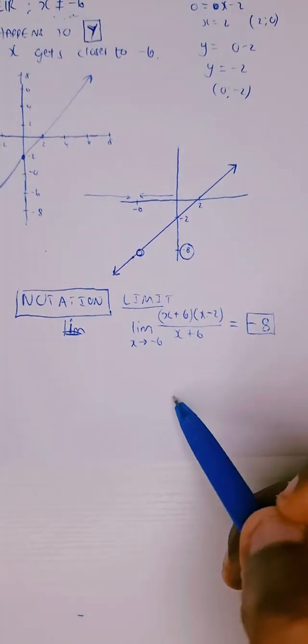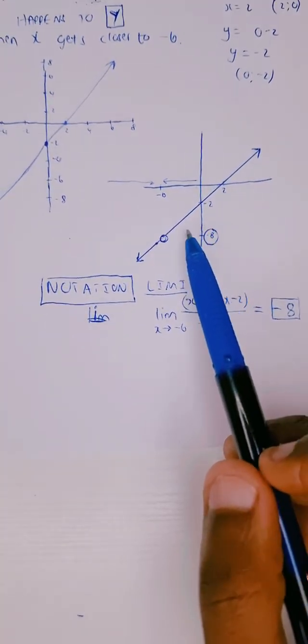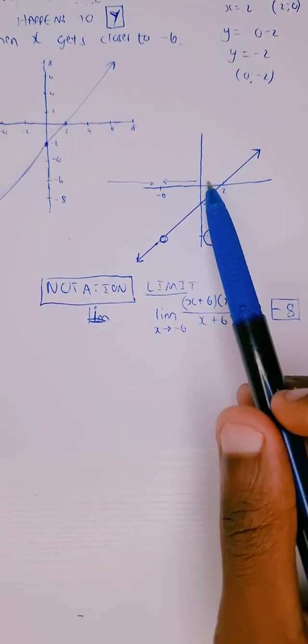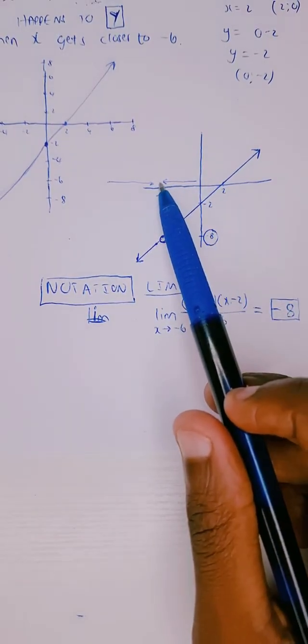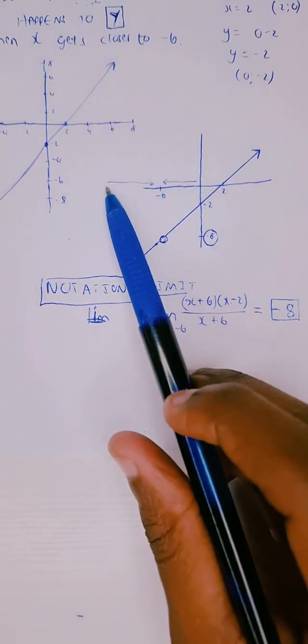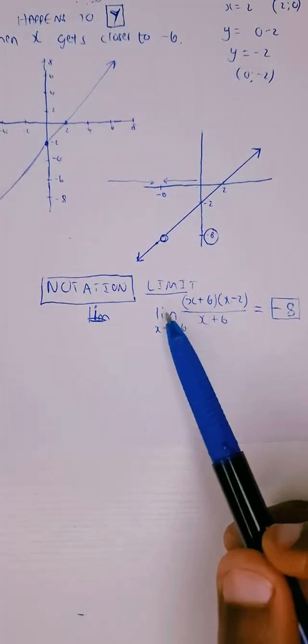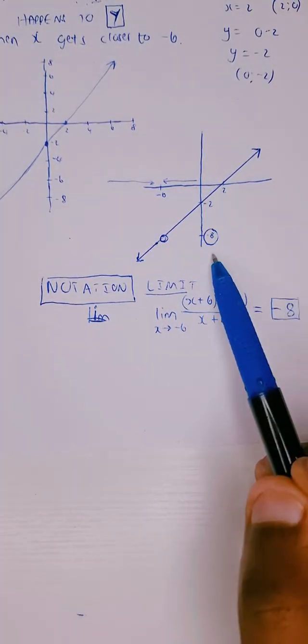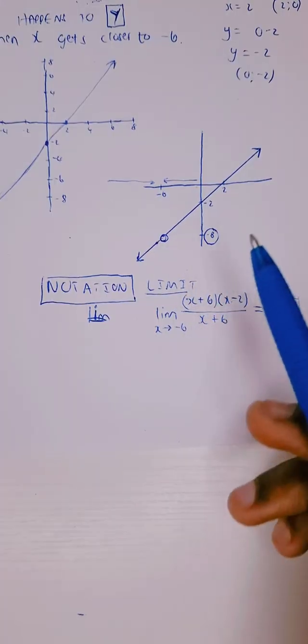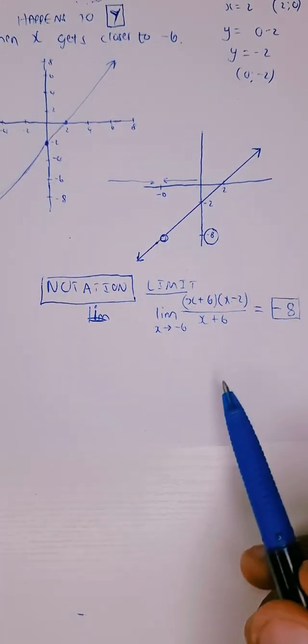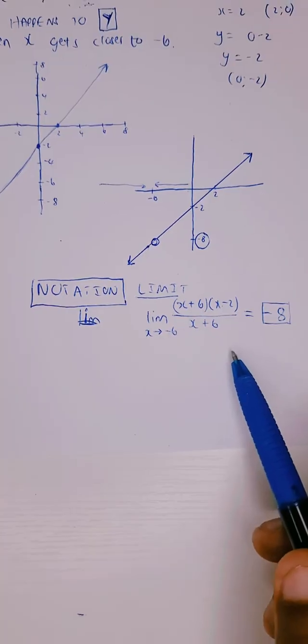This is the notation we use to appropriately describe what is happening as we approach negative 6 from the right and from the left. There is this y value, which is the limit value that we approach.